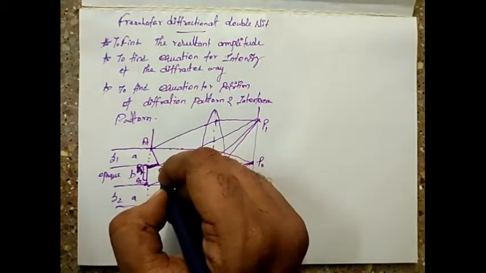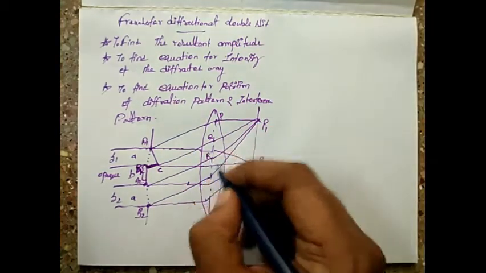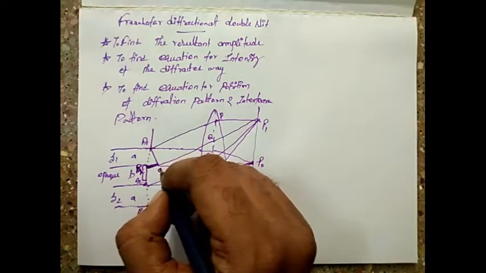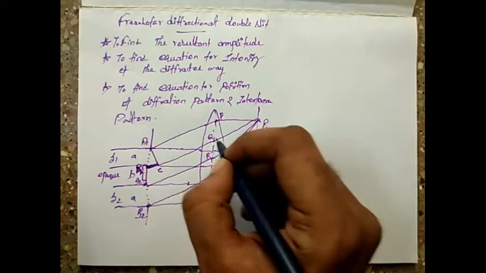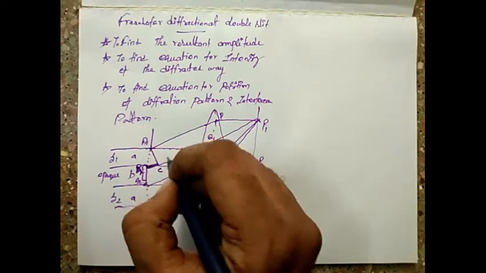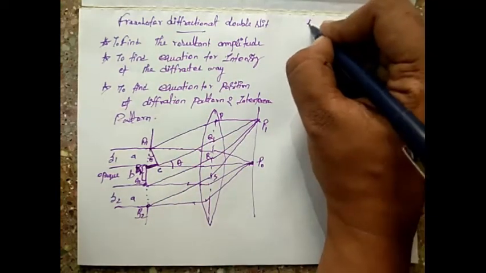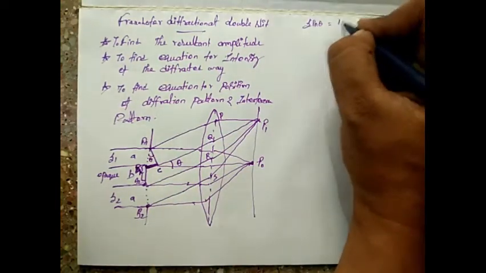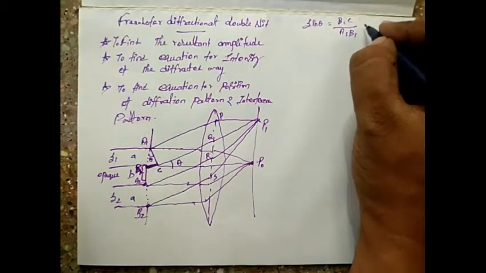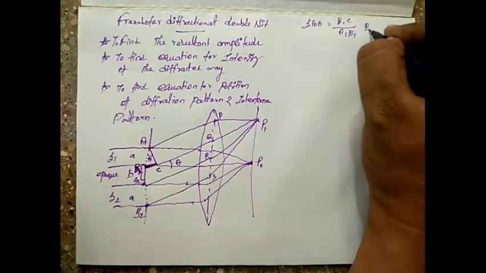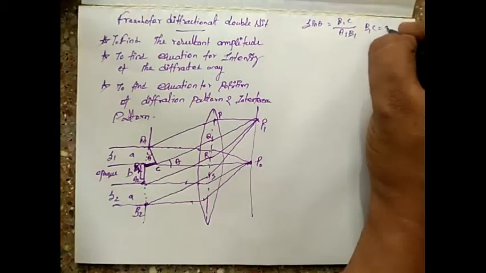Now this point is C, and the others are P, Q, R, S. Here the normal line is drawn perpendicular to B1Q. So this angle is theta, and this angle is also theta. Now sin theta is equal to B1C by A1B1, and A1B1 is nothing but A. So B1C is A sin theta.